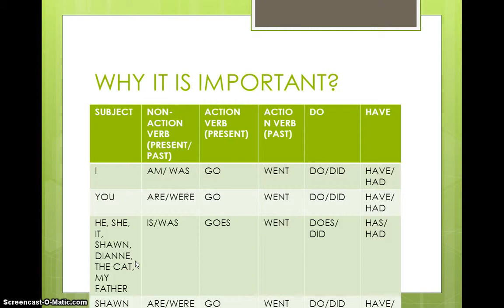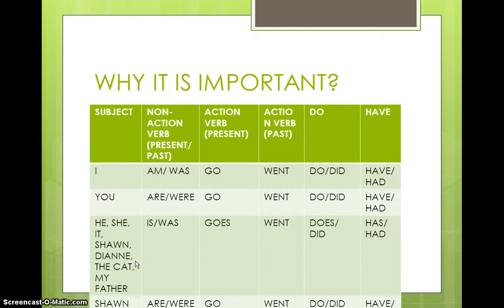Past is was. The action verb for present is, let's say for example, goes, he goes, and past tense for action verb is like went, like he went. And do becomes does, past tense is did, and have becomes has, and past tense is had.